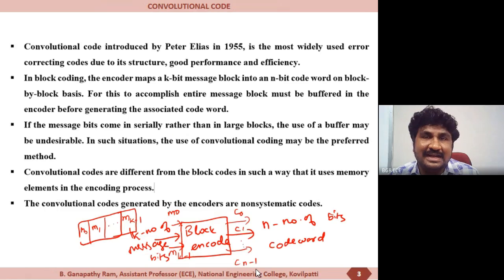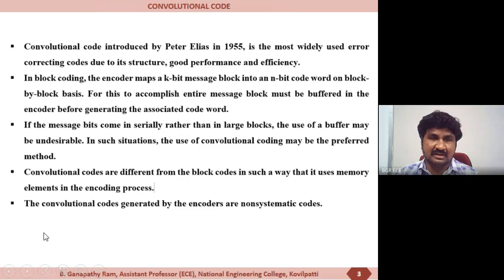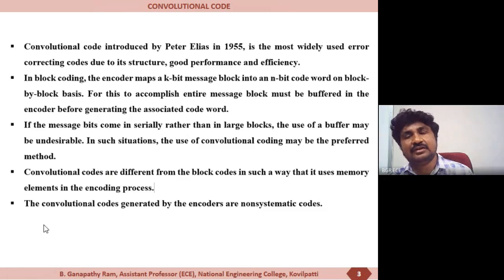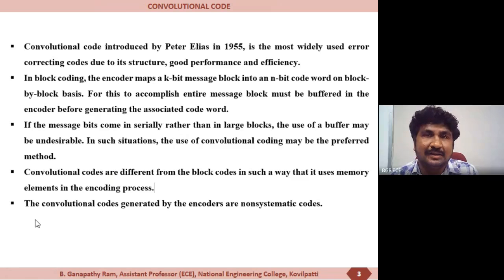To avoid these kinds of disadvantages, instead of a block by block encoding strategy, we can directly encode based on the arrival of the serial input from the message data. So in such situations, convolutional code may be preferred as an alternative to the block codes.